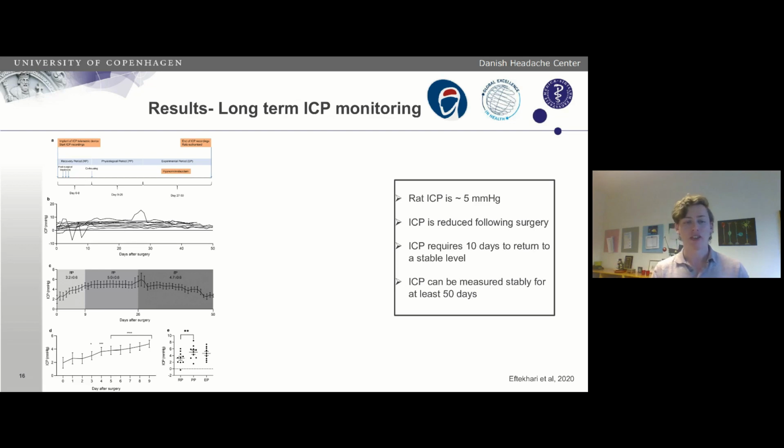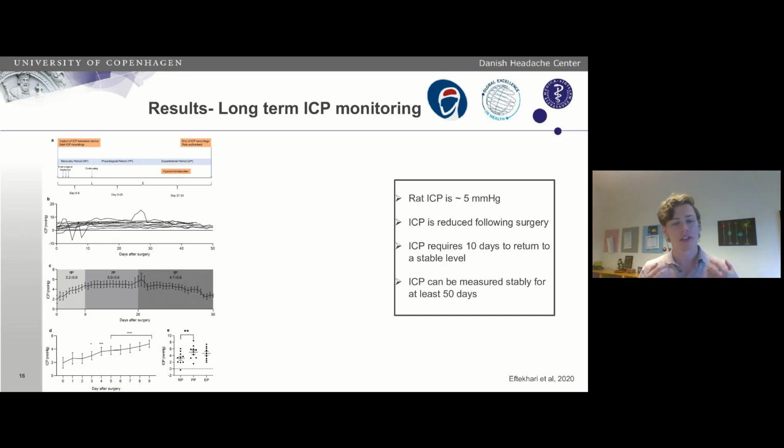What I think is actually very important, thinking about historical studies looking at intracranial pressure, is that we demonstrate that intracranial pressure is reduced following surgery. So panel D and E here. Intracranial pressure slowly increases after surgery, and it stabilizes at about 10 days after surgery.